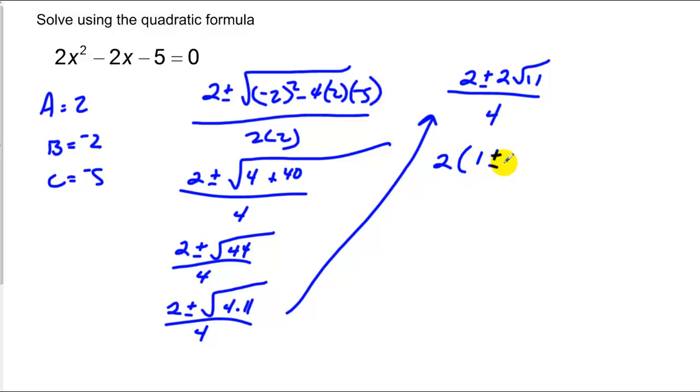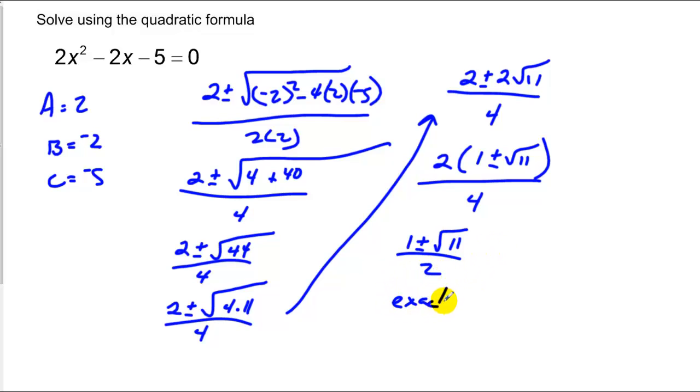That's 1 plus or minus root 11 over 4. Therefore, the 2 and the 4 reduce, and I have 1 plus or minus root 11 over 2, and that's the exact value. Again, I could put that into a calculator to get an approximate value, but I'm going to leave it in an exact form.